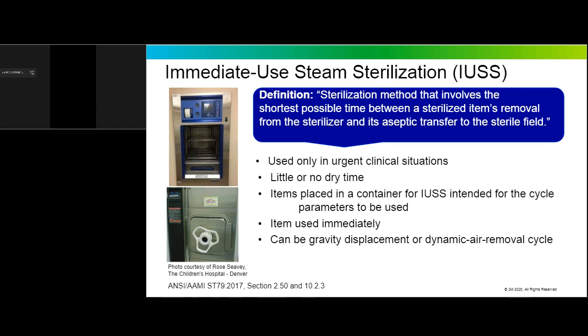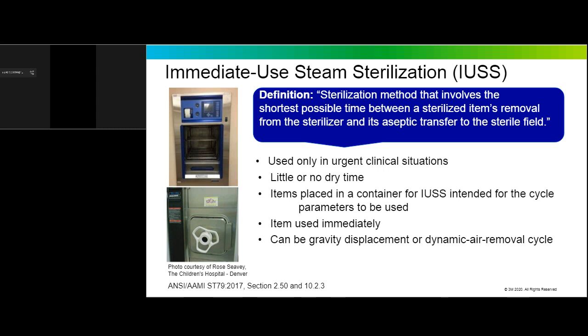Over time, it was abused and used too frequently, sometimes used to sterilize whole sets for not a very good reason. The IUSS cycle itself is of course effective, but surveyors observed that shortcuts were being taken in how the items were cleaned and prepared and packaged for sterilization.